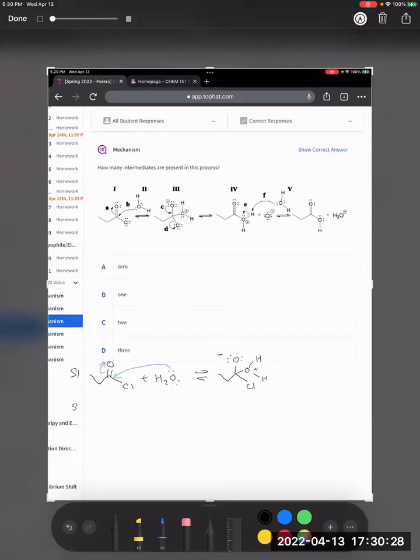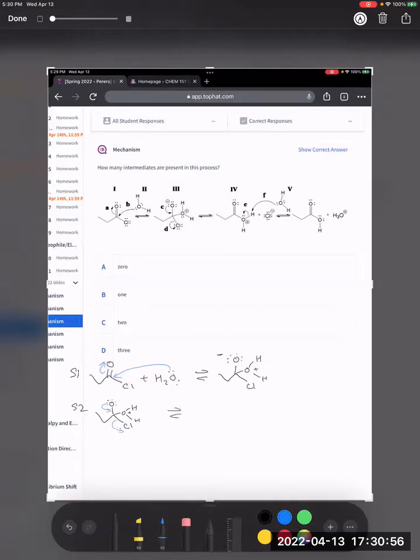And then in step 2, we see that this molecule over here is not reacting with anything else, but what is going to happen is one of the lone pairs is used to make a carbon-oxygen double bond, and then the carbon-chlorine bond breaks.